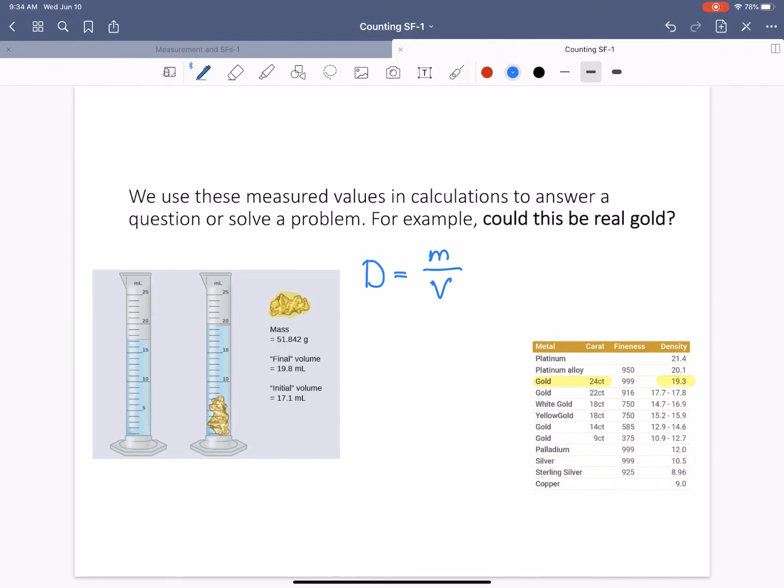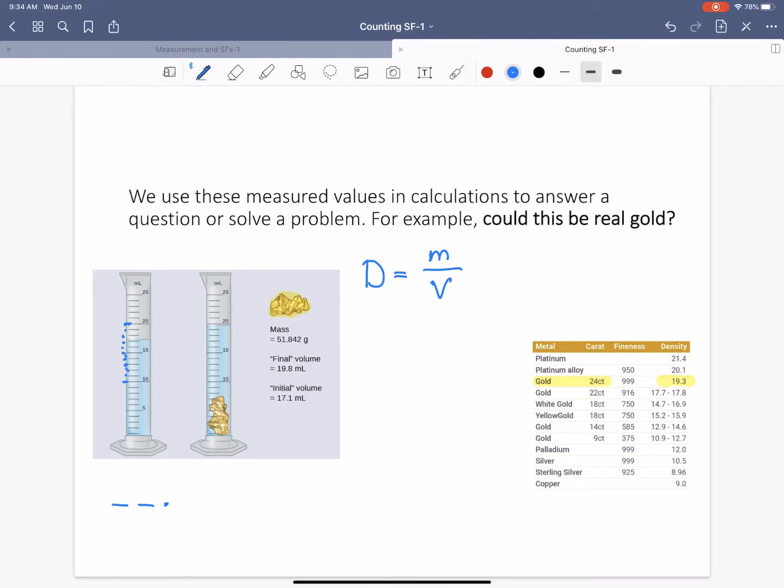On the left, we have a graduated cylinder, and here we have 10, 20, so there's something in the tens place. And then divisions in between there, 1, 2, 3, 4, 5, 6, 7, 8, 9, 10. We have something in the ones place. This is 11, 12, 13, 14, 15, etc.